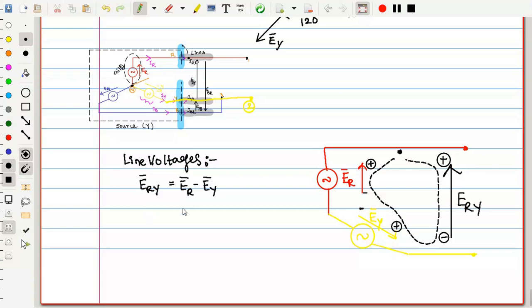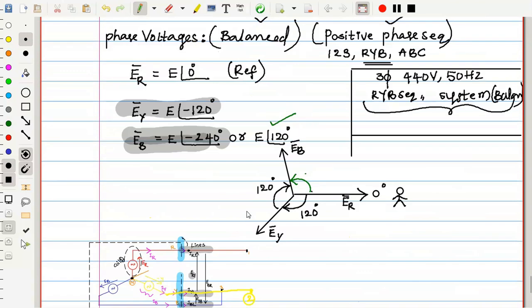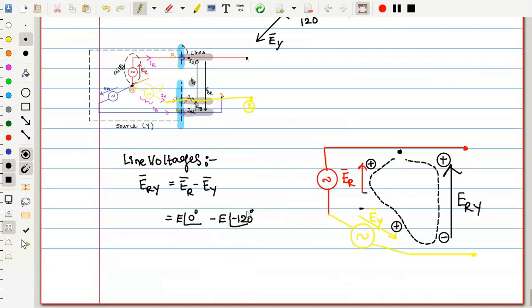Now, we already derived what is ER. Tell me, what is ER? We consider balanced, so its value is E at an angle 0, and EY is E at an angle minus 120. Check it in the above slide. Now, can you simplify this? You can type directly in your calculator. You take the E common.